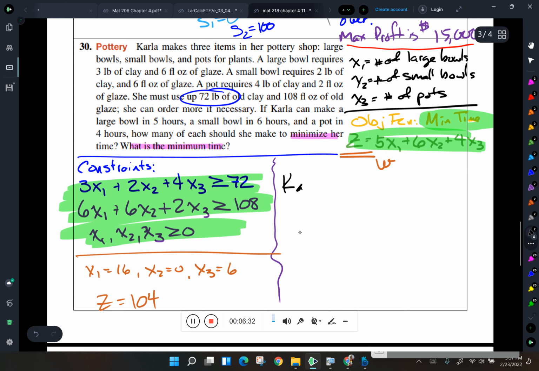Carla should make, what should she make?